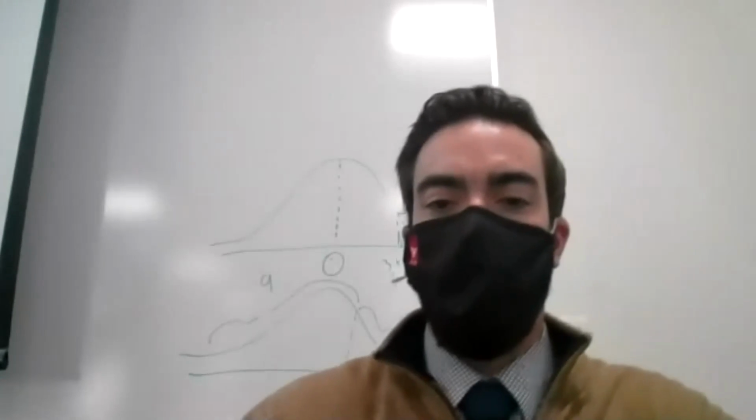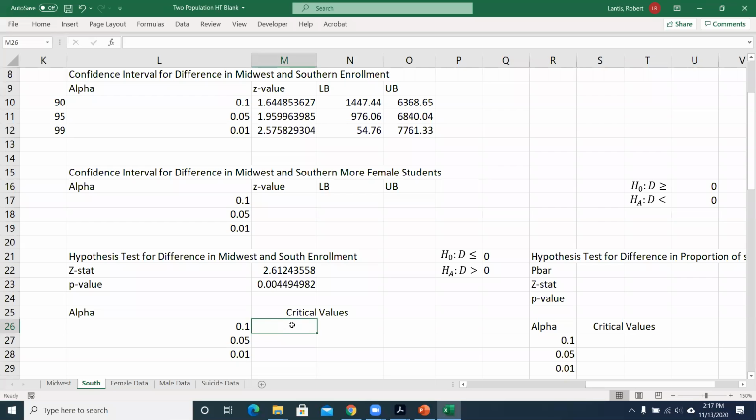The function for that, when we know the area in the tail and want the z value that gives it to us, is the one we already used for confidence intervals, NORM.S.INV. We want alpha in the right tail, but this is the area in the left tail. So the area that we want in the left tail is 1 minus alpha, not 0.1 but 1 minus 0.1, or 0.9. That'll give us our critical value.